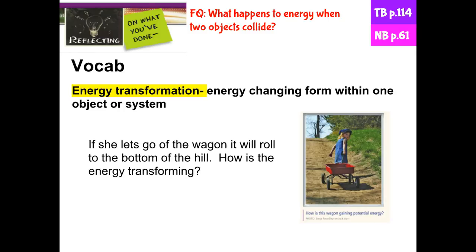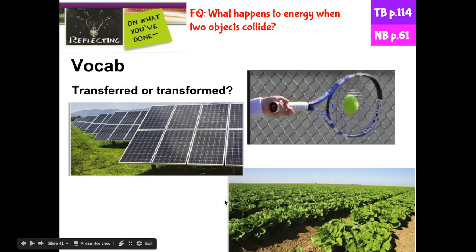So if she let go of the wagon, it would roll to the bottom of the hill, and how would that be transforming energy? Well, the energy would be transforming from potential to kinetic energy. Here are 3 different examples: solar panels, a tennis racket hitting a tennis ball, and plants getting energy. You should be able to decide which ones are transferred and which ones are transformed.